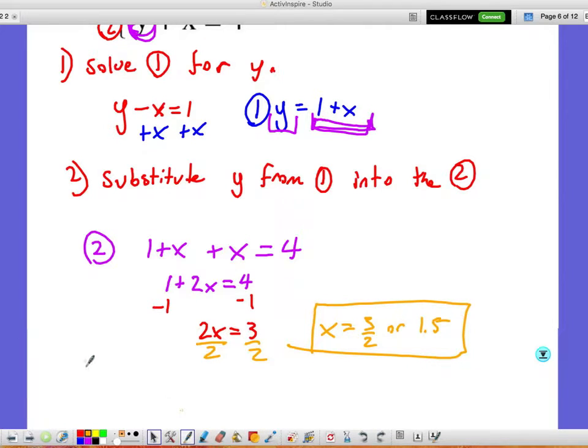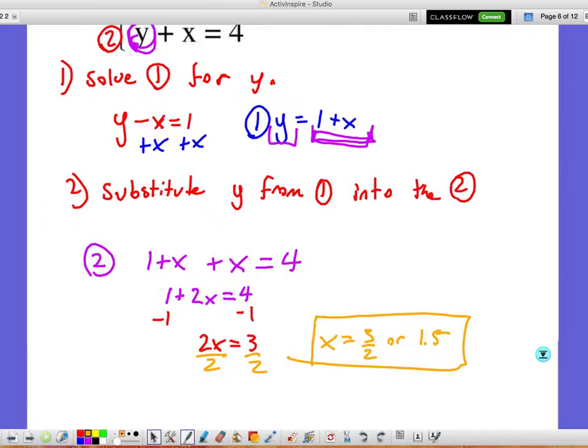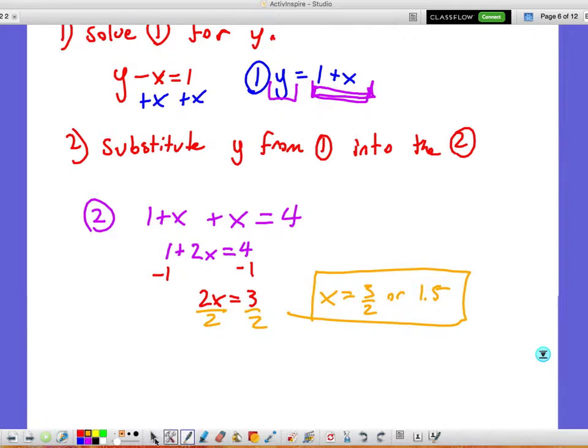Now let's go ahead and take x equals 1.5. So we're ready for step 3. Step 3 is to substitute x into equation 1.